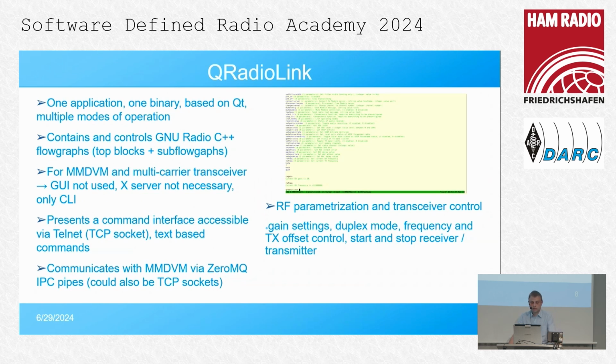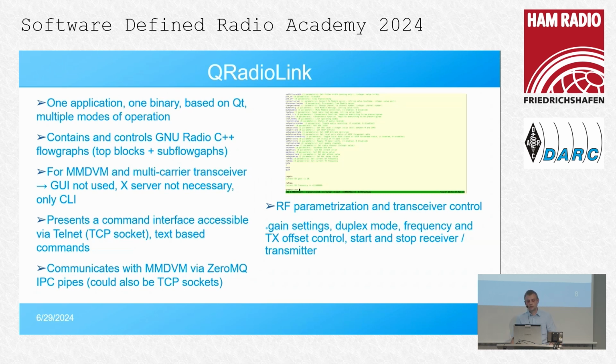So the components in more detail. QRadioLink is one binary, one application written with Qt. It contains GNU Radio flow graphs. So it uses the GNU Radio C++ API with blocks, top blocks and sub flow graphs.